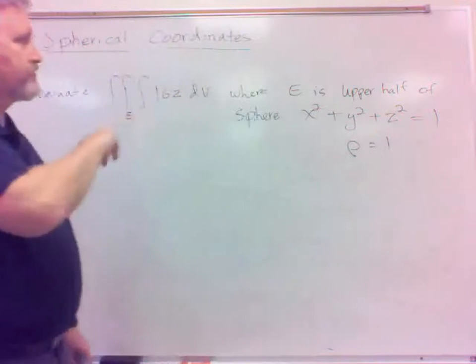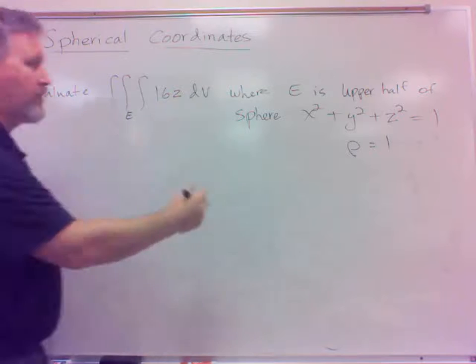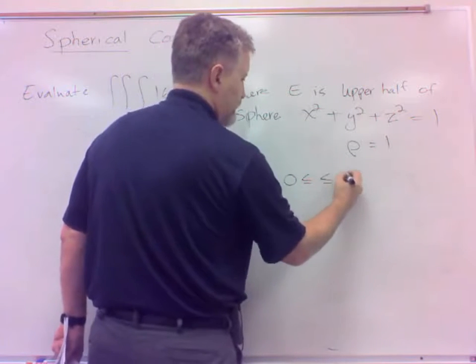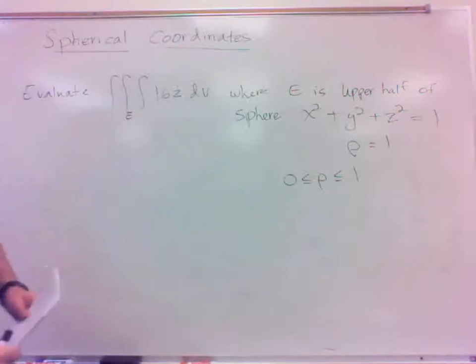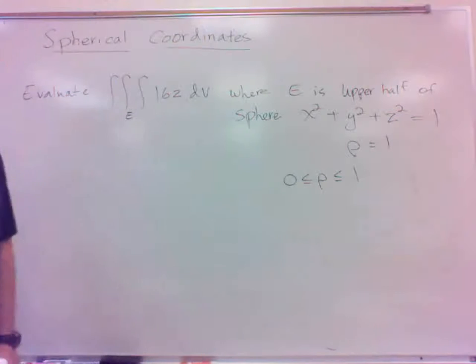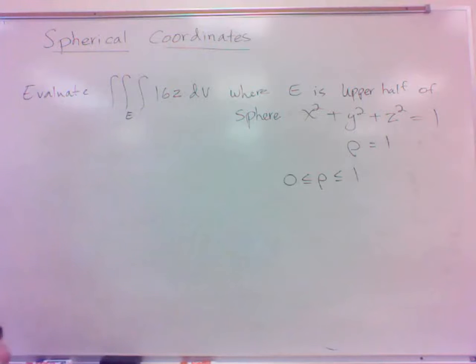We're integrating over the solid top half of the sphere, so rho ranges from 0 to 1, to the outside of the sphere. That one's easy enough, since that's a sphere of radius 1.